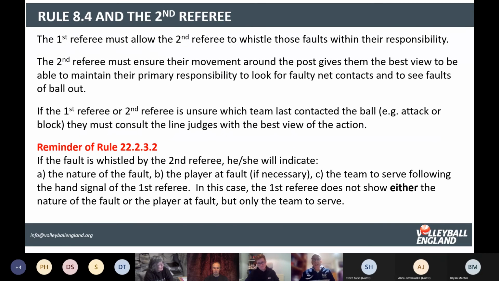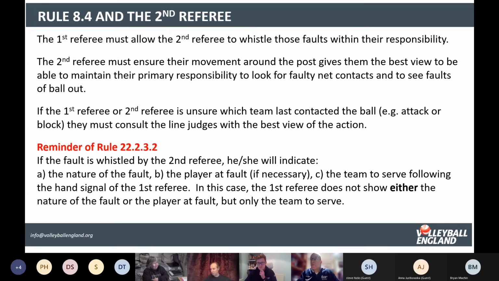Now, the first referee, if you see the ball hits the post on the second referee's side, for example, most common case of this, you've got to give the second referee the opportunity to whistle these faults within their responsibility. Just because you've seen it doesn't mean to say that you should try and get there first. Let the second referee have that moment to actually get this into their working practice. But the second referee must also know that with your movement around the post, you've got to have the best view.